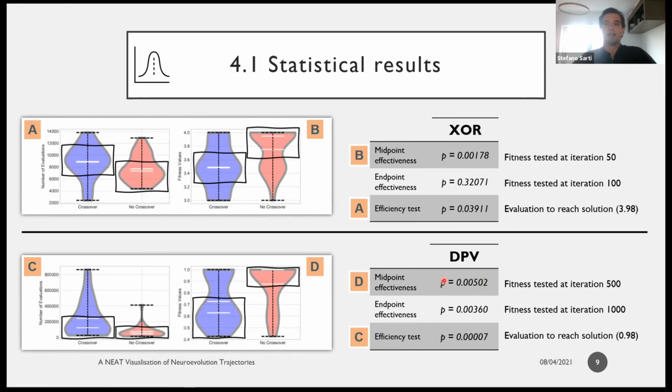In this scenario, we have significance for all three components. The only thing that differs here is obviously the scales in the fitness values.